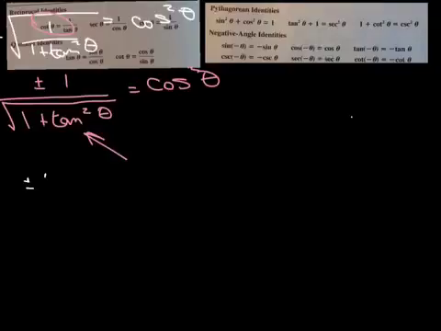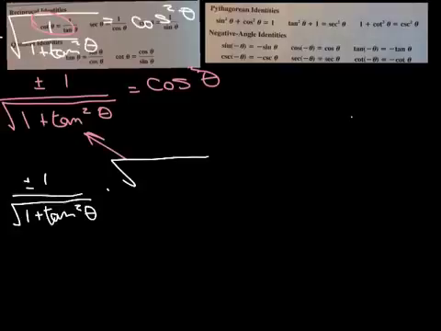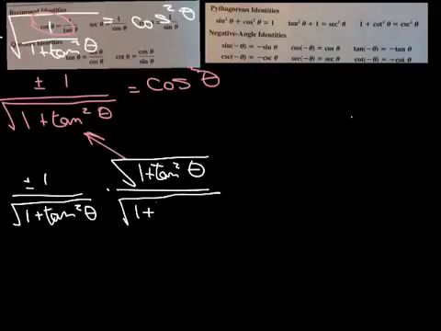Plus or minus 1 over the square root of 1 plus tangent squared theta times the same radical over itself.